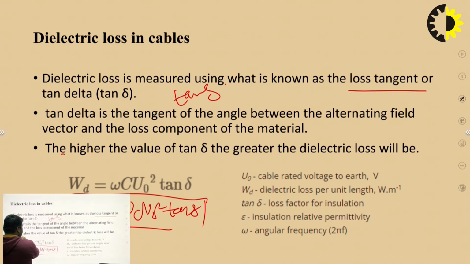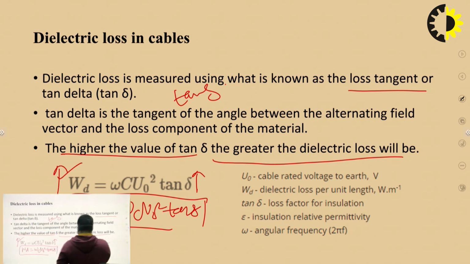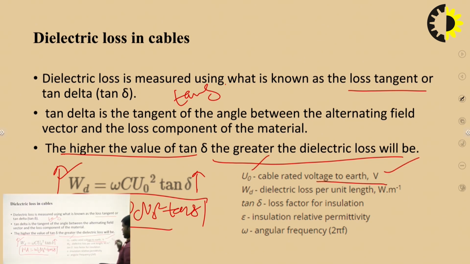V naught is the cable rated voltage to earth, WD is the dielectric loss per unit length, tan delta is the loss factor for insulation, epsilon is the insulating relative permittivity, and omega equal to angular frequency 2 pi f. So this is the dielectric loss.